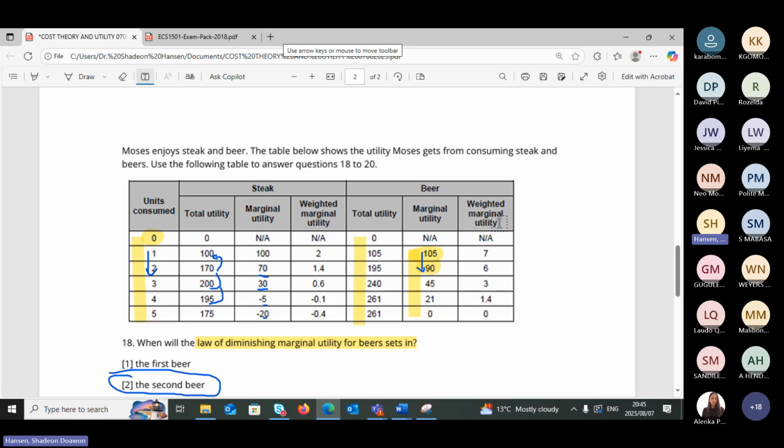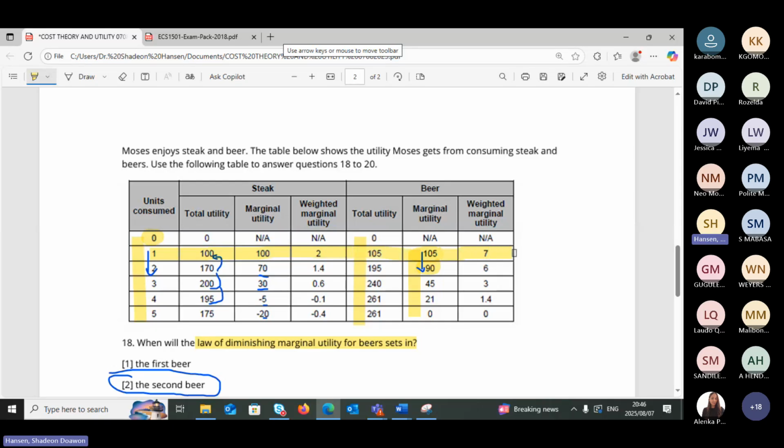Do you see? Now, students, I want you to take note of this. In order for you to find the price or the cost of steak and beer, you always look at the first row, because that is your main indicator.